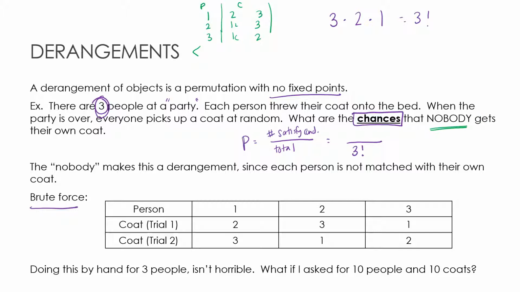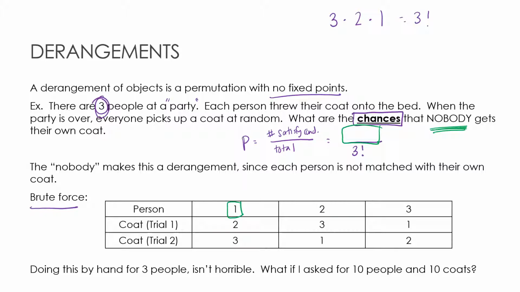You get the idea. Now, let's not get confused with the table I made down here. What I'm looking for is, what's this number? What are the number of ways that nobody gets their own coat? For person 1, I've randomly said in the first trial, you're going to get coat number 2. Well, if person 1 gets coat 2, then for person 2, I can't give them coat 1, because if I did, person 3 would get coat 3, and that's not a derangement. So there's only one way for this to happen.